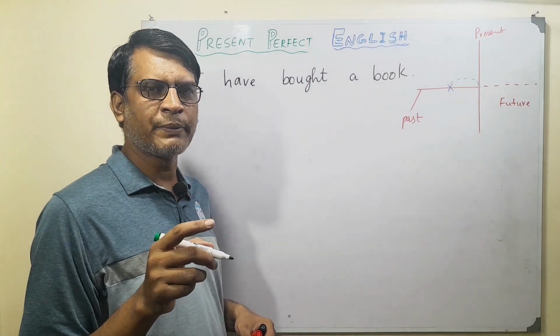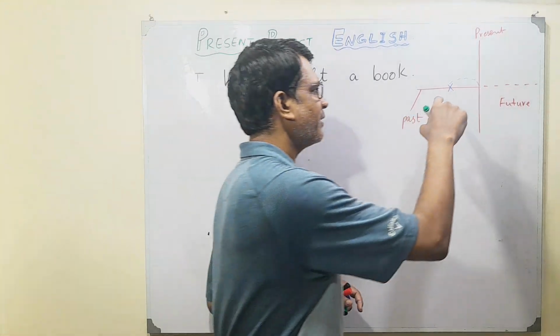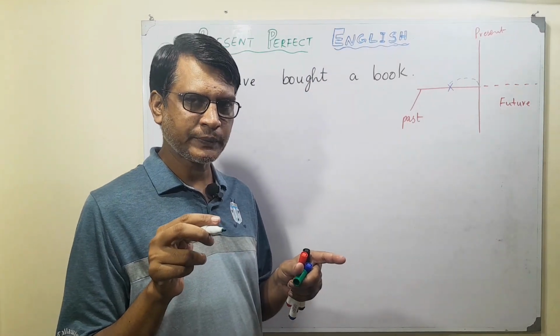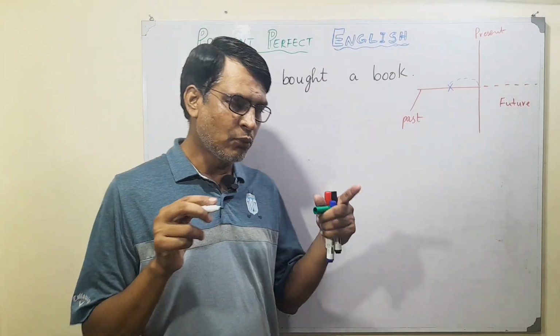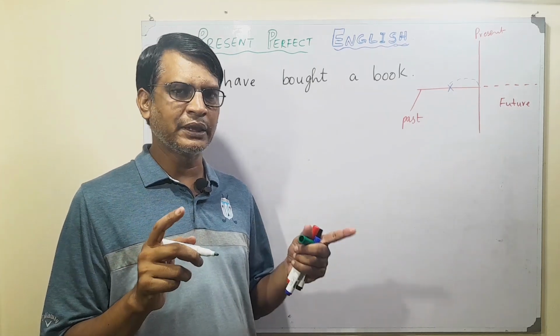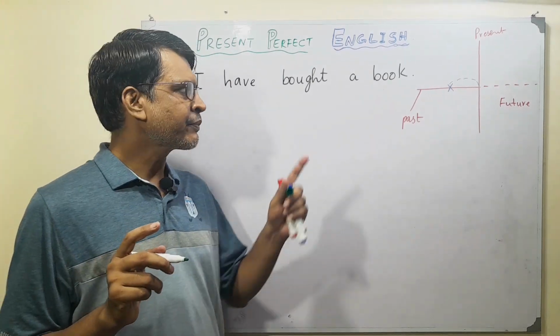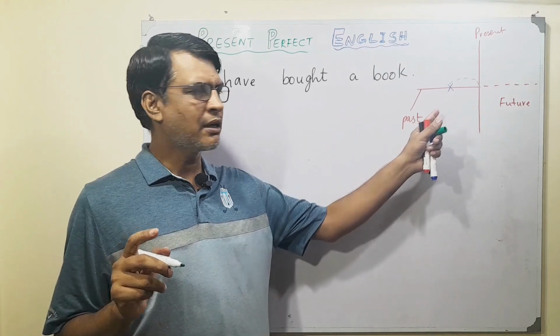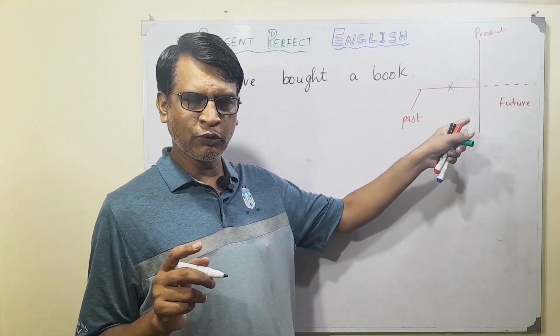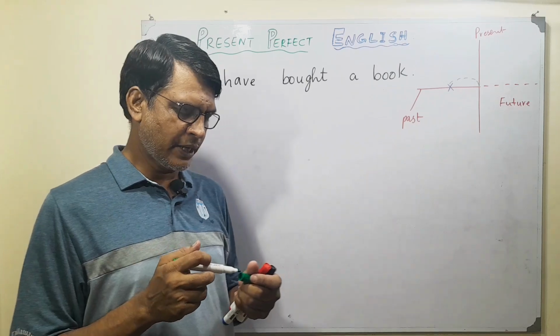Therefore we call it present perfect, and between this action and the present there is no other action. If there are more actions, then it won't be present perfect, it will be something different. We'll talk about it. So an action in the past, but it has an effect in the present, therefore it is called present perfect.